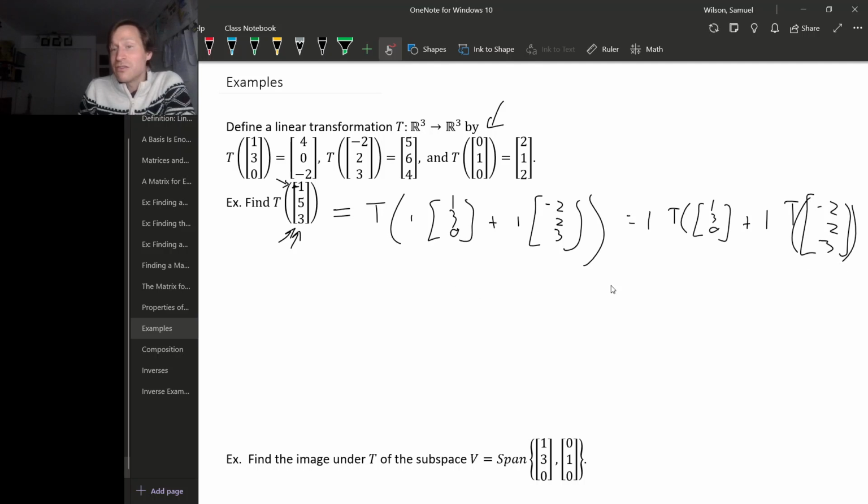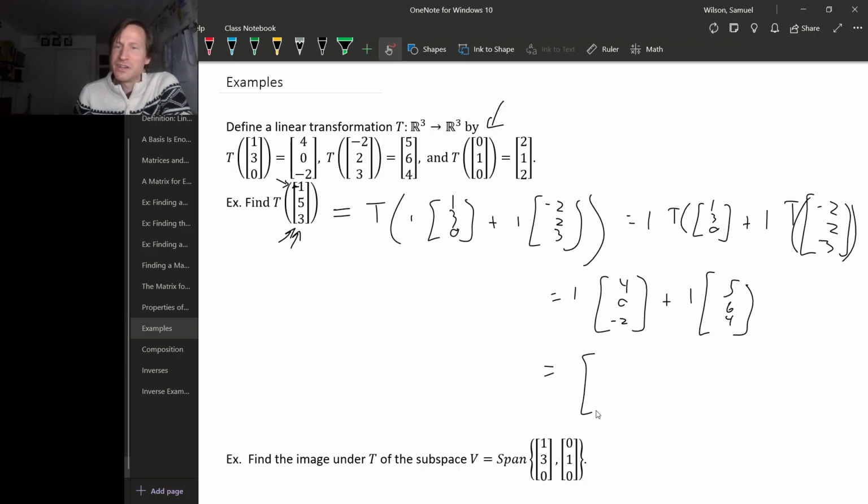And then use the values of the transformation that you know. So 1 times T of 1, 3, 0 is 4, 0, minus 2. And plus 1 times T of minus 2, 2, 3 is 5, 6, 4. And now we can just do all the vector operations we have here. So 9, 6, 2.